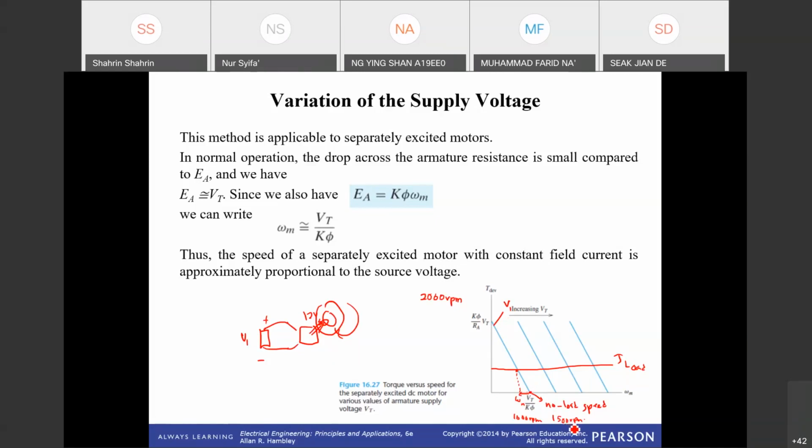Okay, how you can increase the speed is by increasing the voltage supply to V2, for example. Maybe with V2, the no load speed here is 3000. So you can increase the speed of your motor while it is still connected to the load by increasing the voltage supply, meaning that you need to connect another battery so that the total battery value is V2.